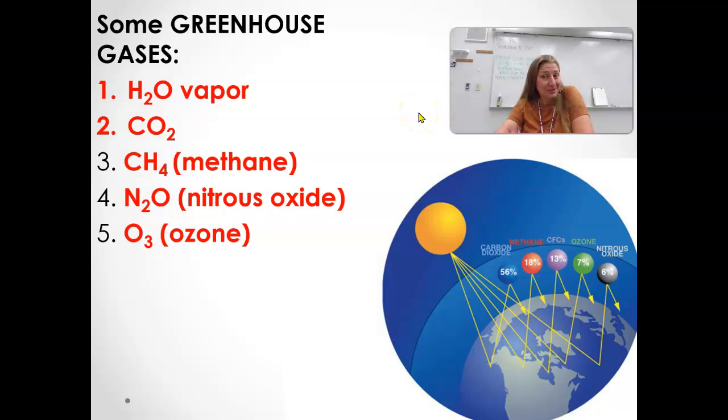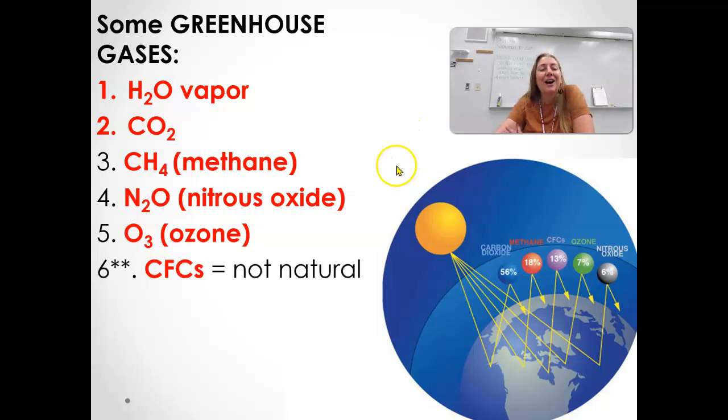A type of ozone, because there's actually two types of ozone, and I'll talk about that more shortly, or maybe on this slide. And CFCs, or chlorofluorocarbons.